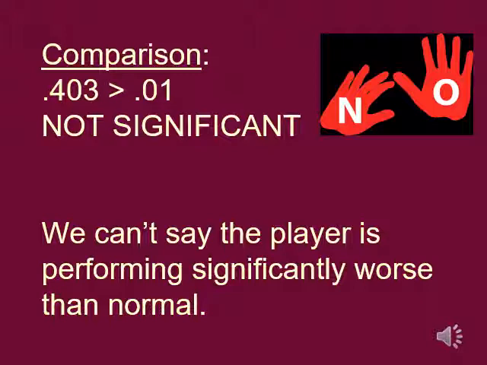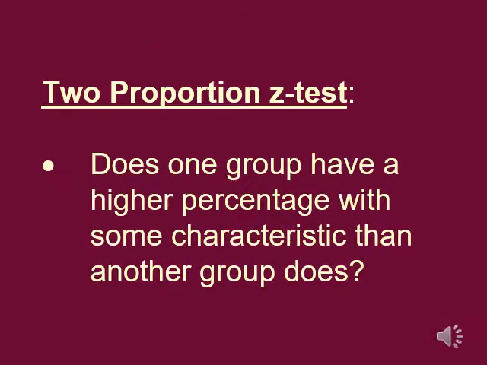That's why we say this is not a significant result. The idea is that we would be willing to be wrong 1% of the time. Here, we'd be wrong 40% of the time if we said this was significant. And so really this player is not performing particularly worse than normal. It's probably about the same as he usually performs.